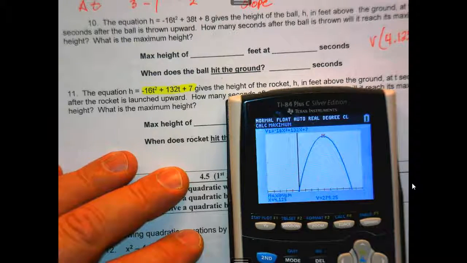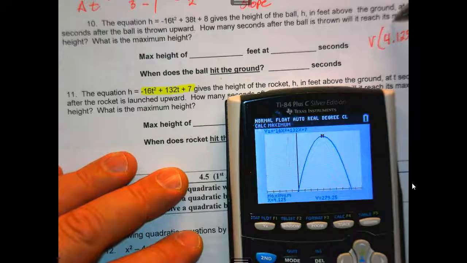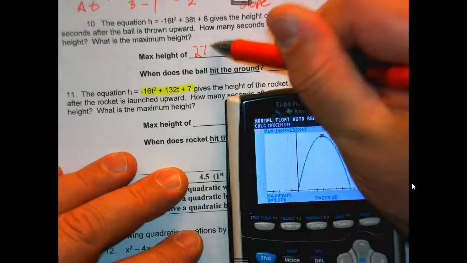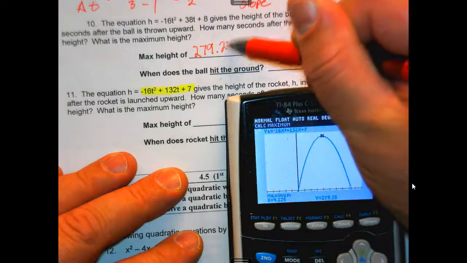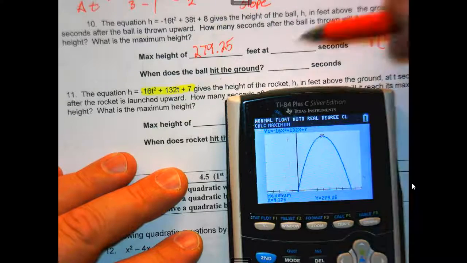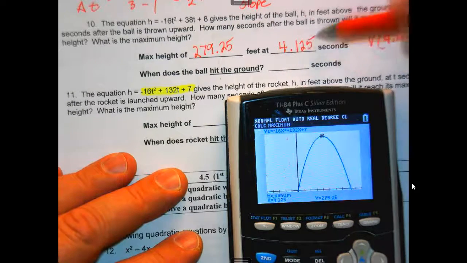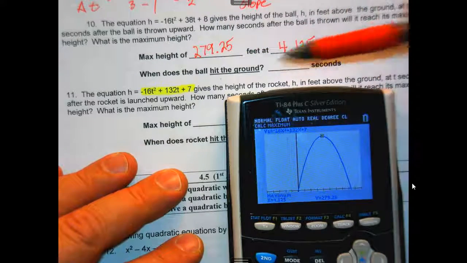Remember, this is T, this is H. So my H is height, 279.25, and the time is 4.125. Now, when does it hit the ground?